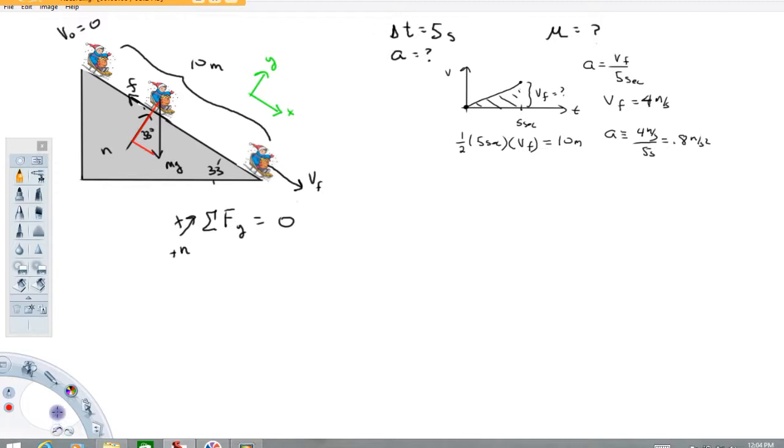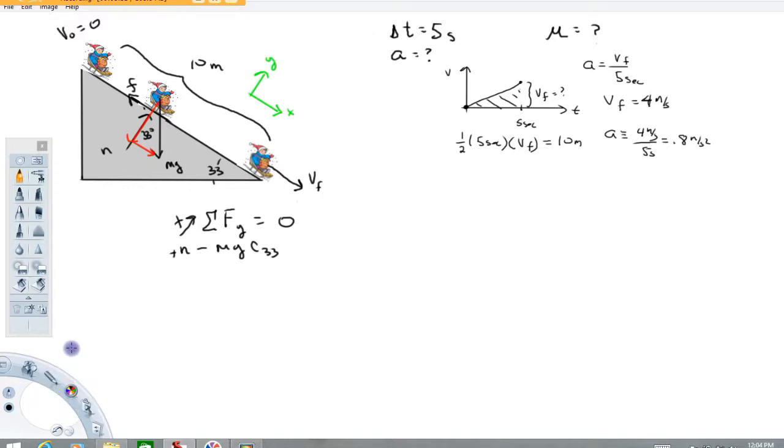Right. So this force component right here is parallel to the y direction. That component is adjacent to the 33-degree angle. So for that guy, I'm going to put minus mg cosine of 33 degrees. The minus sign is because this vector component is down and left, and I've got up and right positive.